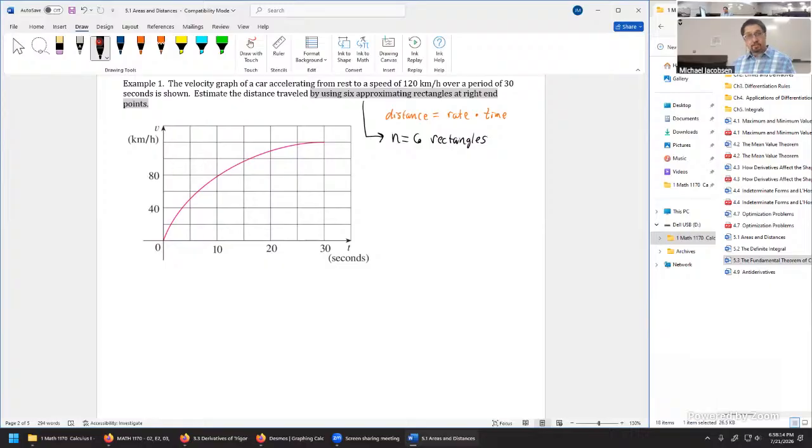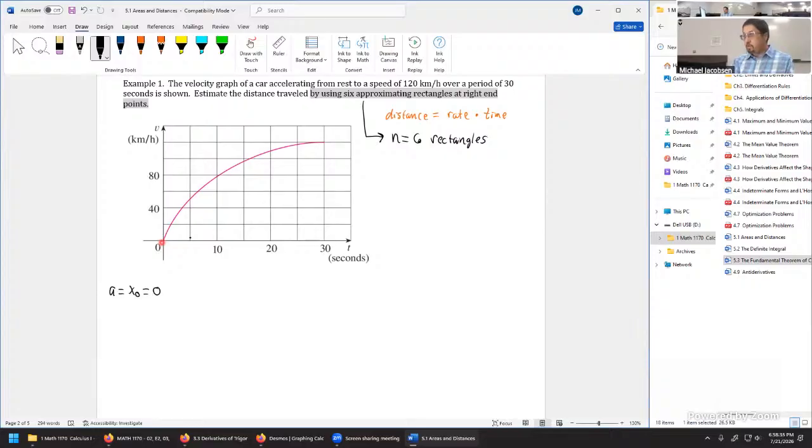For using 6 rectangles, we should say what points they're going to be subdividing the interval from 0 to 30 seconds into. The leftmost point we'd often call A, or we could call X naught, which is 0 seconds. The car's at rest doing 0 kilometers per hour.